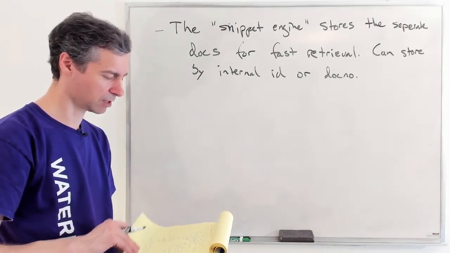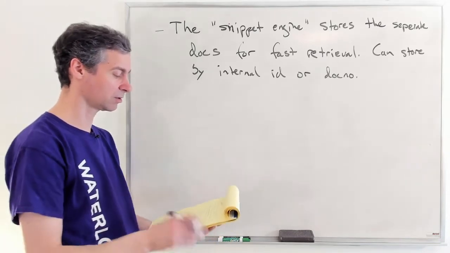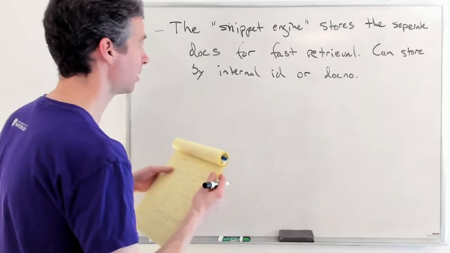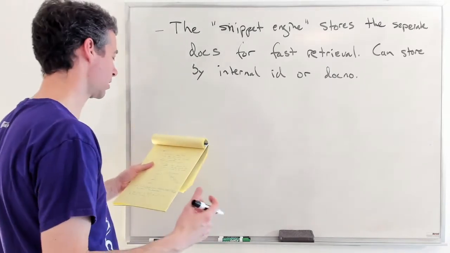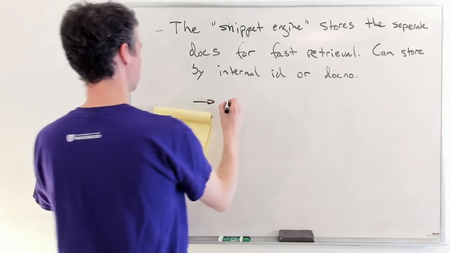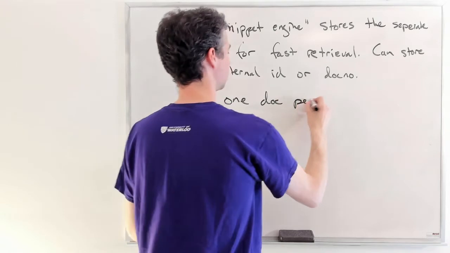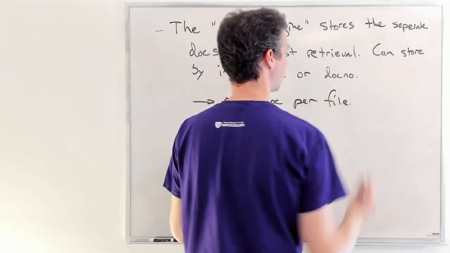So it's going to be stored in the snippet engine. When it comes time to store the document, one of the things we're going to do is have, as I said, one document per file. This is an easy way of doing that.